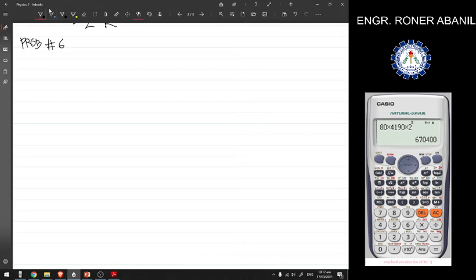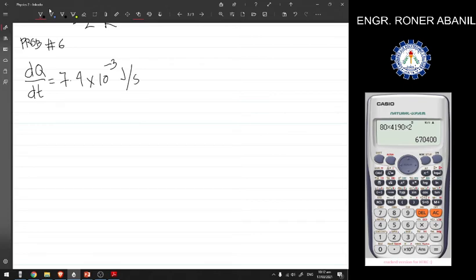So, we can say that dQ over dt is the energy that we give. So, dQ over dt is equal to 7.4 times 10 raised to negative 3 joules per second.